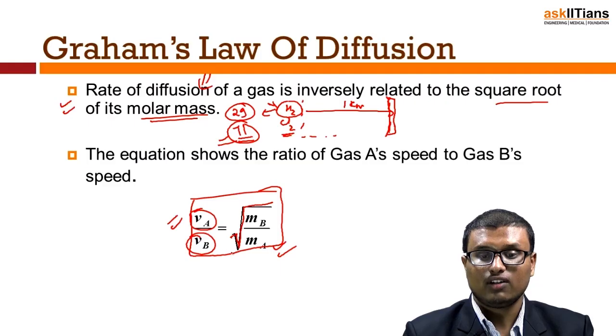So always remember, the rate of diffusion of gases is inversely proportional to the square root of its molecular mass. Ma is the molecular mass of A and Mb is the molecular mass of B.